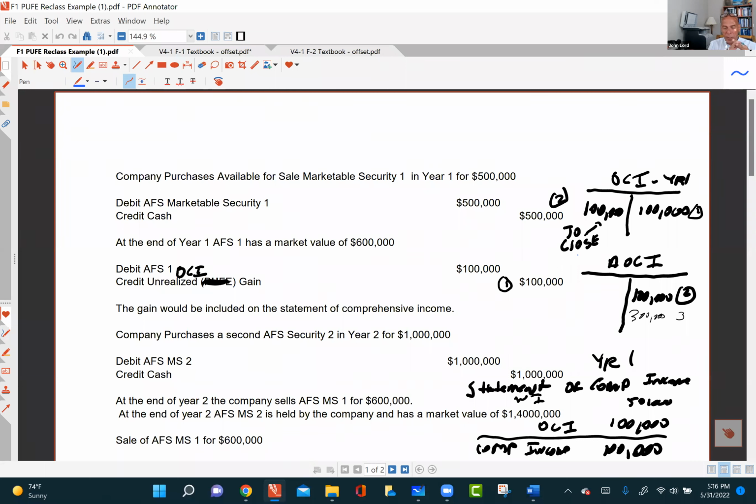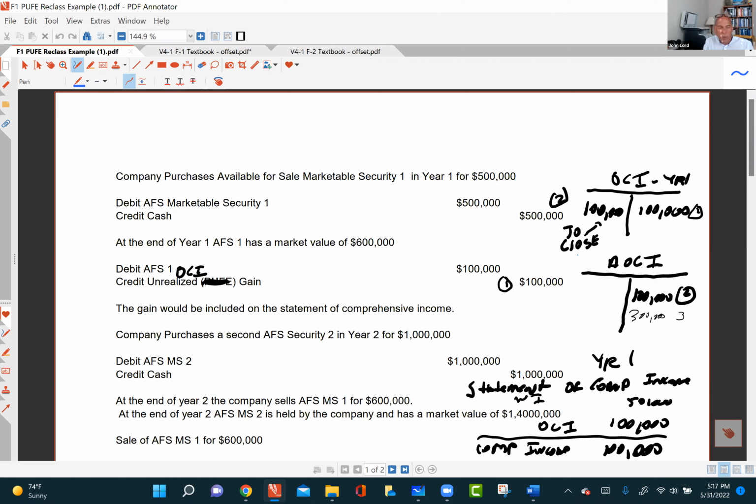So FASB has three categories that you can put your securities in, right? If we're talking about stocks, we can have them in trading, and we can have them in available for sale. And then we also have held to maturity, but only bonds will go into held to maturity because stocks don't have maturities, right? But let's just go ahead and talk about the three categories.